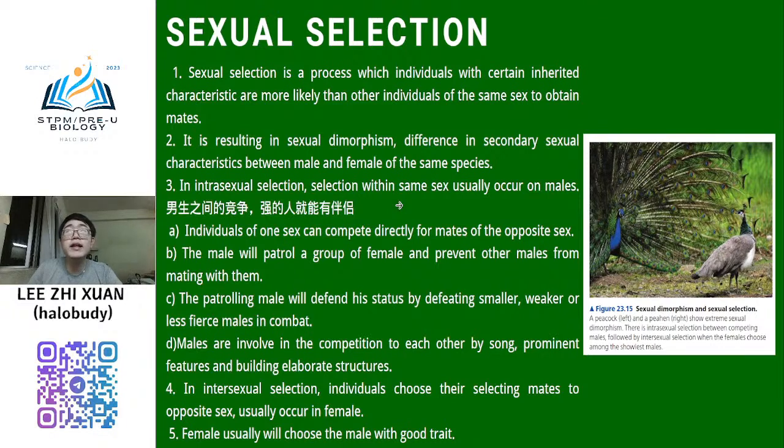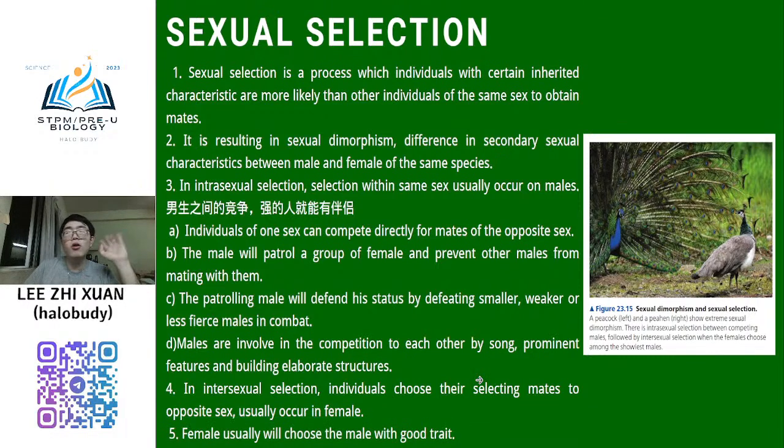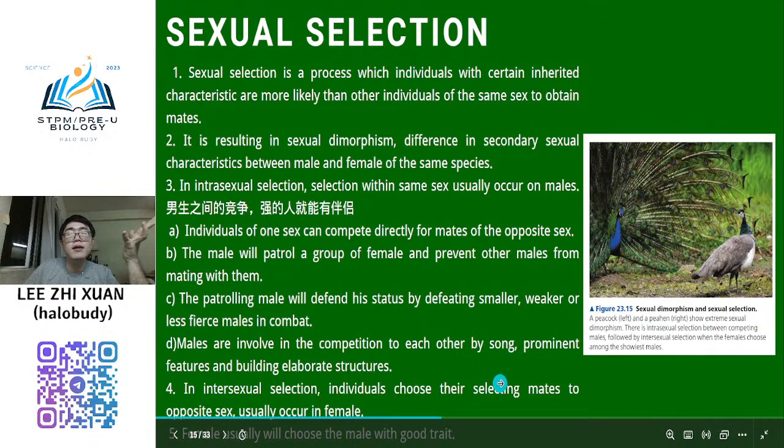Dia kawan dengan orang perempuan yang awak suka, memang lelaki ni sangat marah dengan dia punya. But for female normally is intersexual, meaning that dia akan pilih punya. Memang dia pilih ini lelaki macam boleh lah, saya kawan lah, ini lelaki tak boleh lah, macam tu lah.